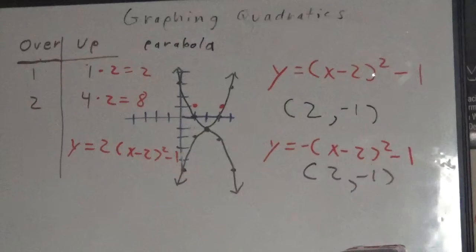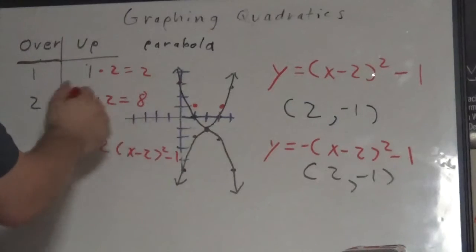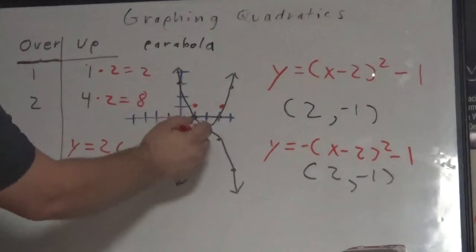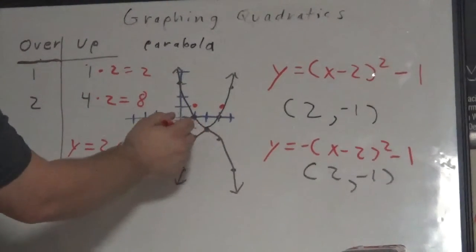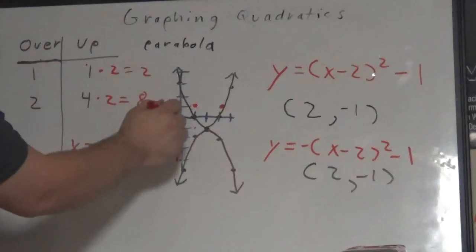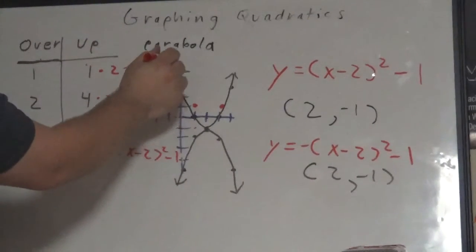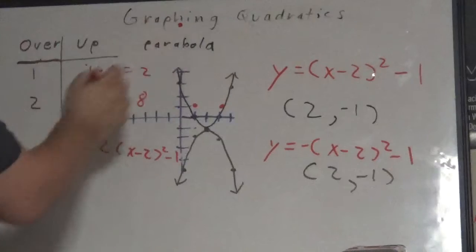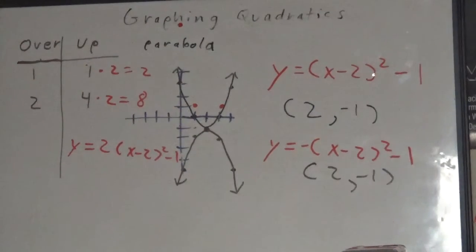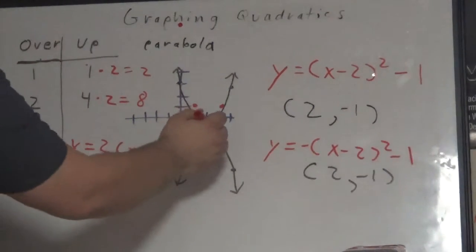Notice it's already getting smaller. And then we're going to go over 2, up 8. Instead of going 4, we're going to go 1, 2, 3, 4, 5, 6, 7, 8. It'll be kind of up here somewhere, off the graph, but that's okay.